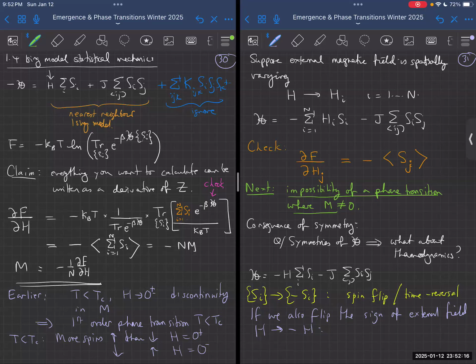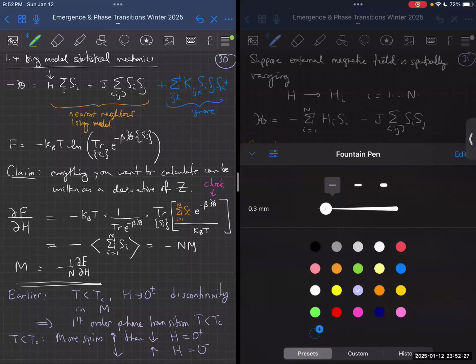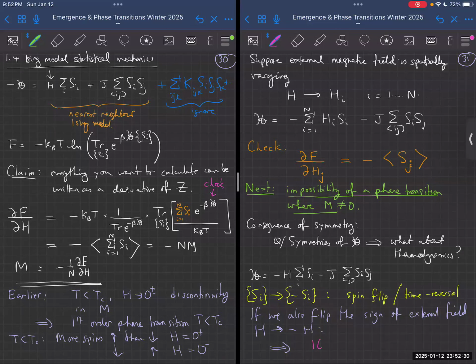And in the second term, each of the si's is multiplied by -1, so -1 times -1 is +1. And so what that means is that if I make this combination of two transformations, then the Hamiltonian as a function of all the spins being flipped and the external magnetic field being flipped is the Hamiltonian when everything was as we started.